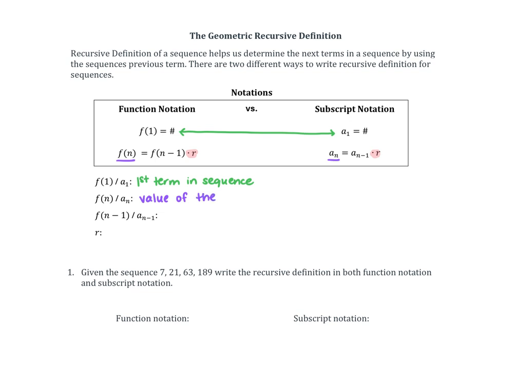Or sometimes you hear that as the nth term. You can also think of that as the next term in the sequence. Now, f of n minus 1, or a n minus 1, is just saying the value of the previous term. And r, I already told you, is going to stand for our common ratio.